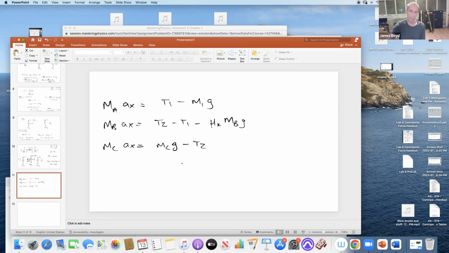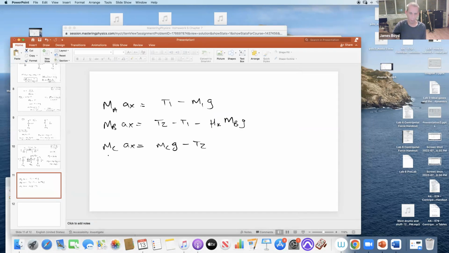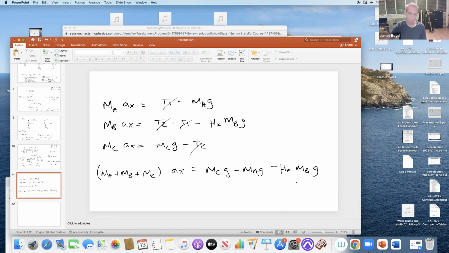Now if we add everything up, all the T's are going to go away, but we want to know the acceleration of the 2 kilogram block. So we want AX. This becomes MA plus MB plus MC times AX. T1 goes away, T2 goes away. And I get MCG minus MAG minus mu K MBG.